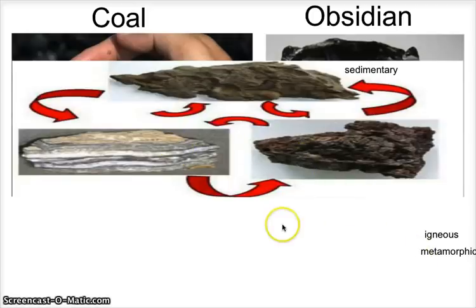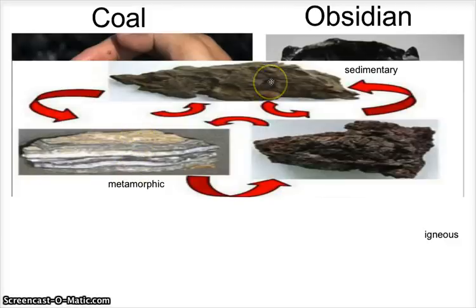The thing that gives this away is the flattened layers here. These flattened layers signify metamorphic. Now you'll have flattened layers with sedimentary. In fact, you'll have a lot of flattened layers with sedimentary. But the flattened layers with sedimentary are not flat as a result of the incredible pressure that you have with metamorphic.